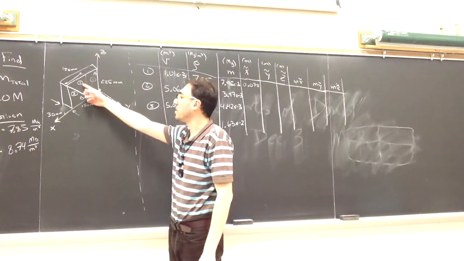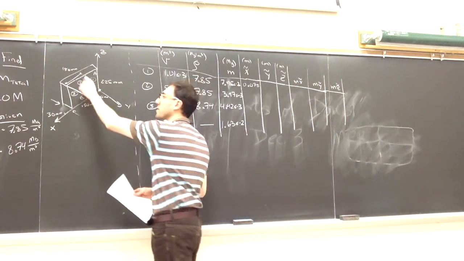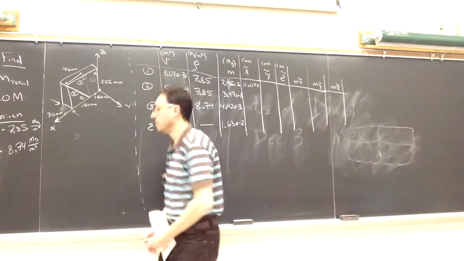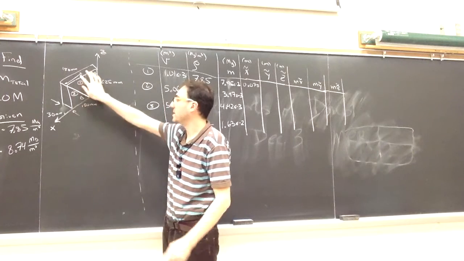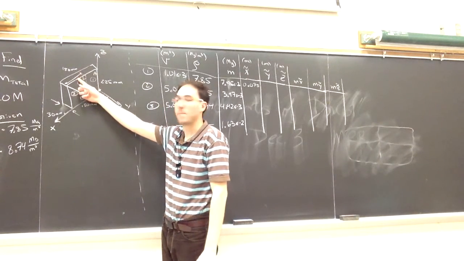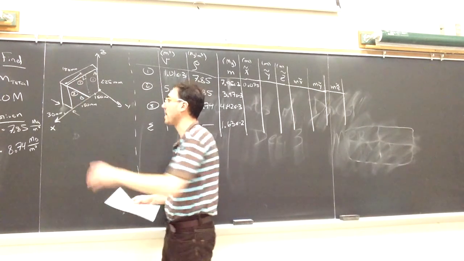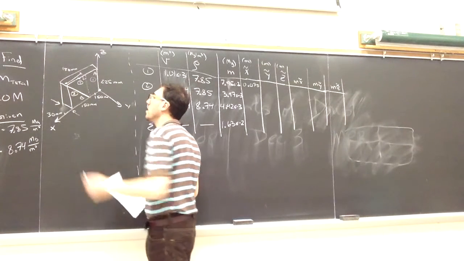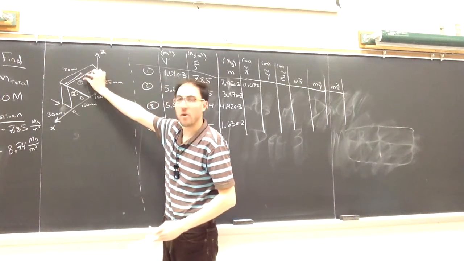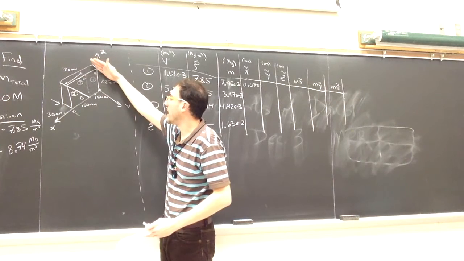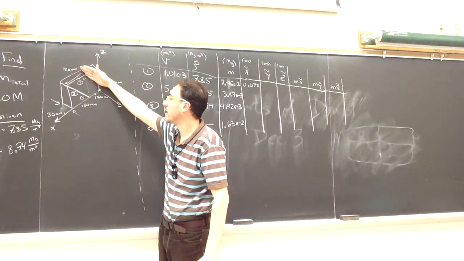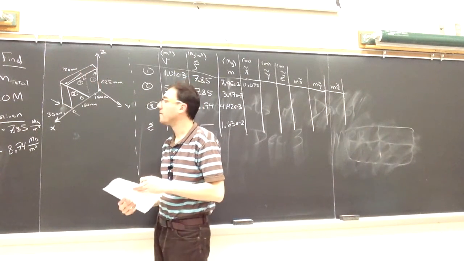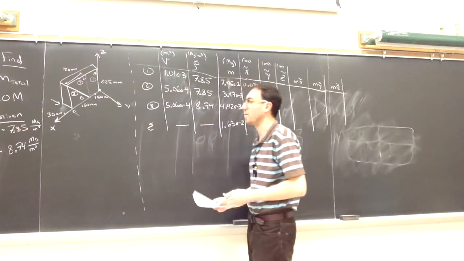For shape 2, I have this right triangular solid. So I have to go 1/3 of its base from its right angle to find the x direction for its centroid. That's going to be 50 millimeters, but from the origin, I have to go all 150 and then an additional 50 to get to the x centroid for shape number 2.